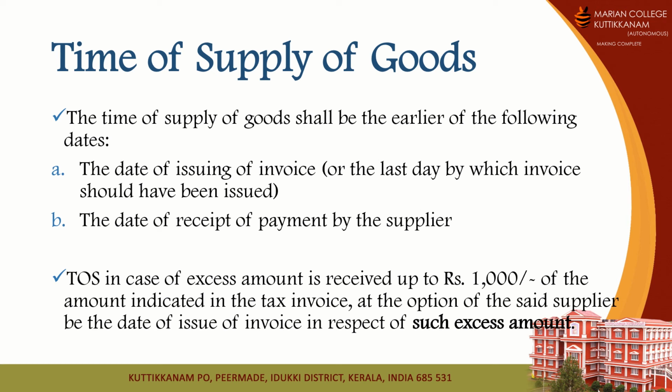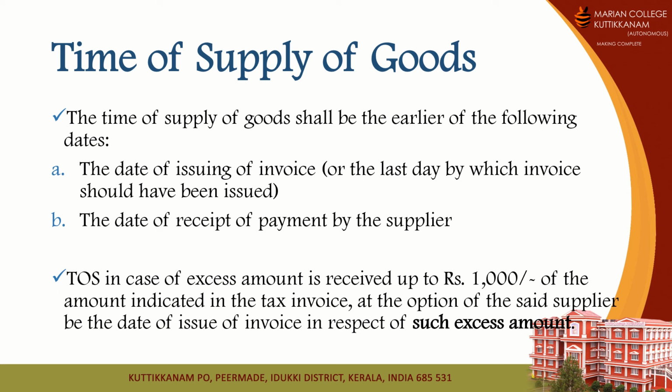The first one is the date of issuing of invoice. I hope you are familiar with the term invoice. What is an invoice? When a supply is happening or when we purchase a good, we get an invoice. At the time of supply, a document like a paper will be handed over, that is known as an invoice. So it can be either the date of issuing the invoice or the due date of issuing the invoice.